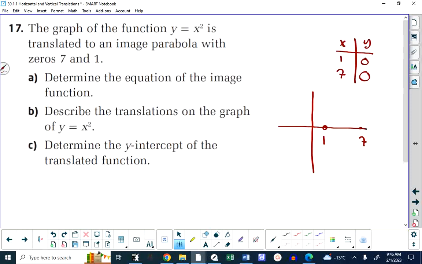Do you have 2 points? And if there is a horizontal and a vertical translation, then this is your problem. What's H and what's K? And I'll leave it at that. We will definitely be going over this question tomorrow.